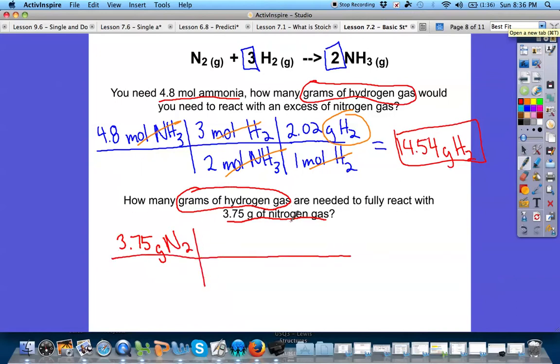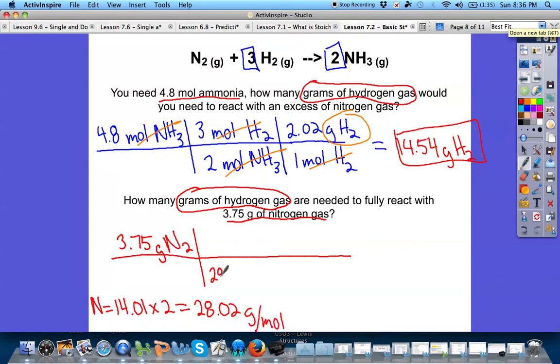We need to find the molar mass of nitrogen. So nitrogen's average atomic mass is 14.01. We're going to multiply that by 2. So we have 2 atoms, and we're going to get 28.02 grams per mole.